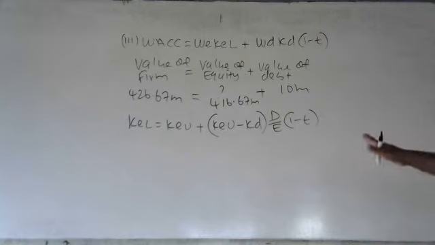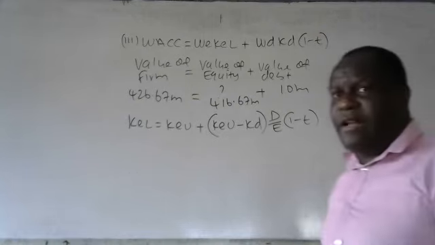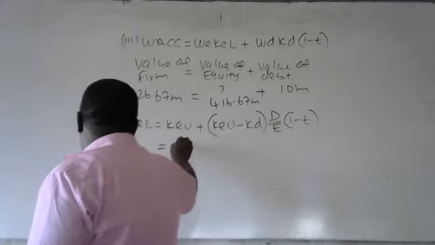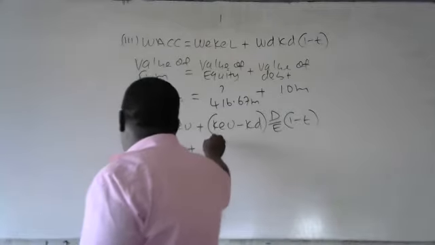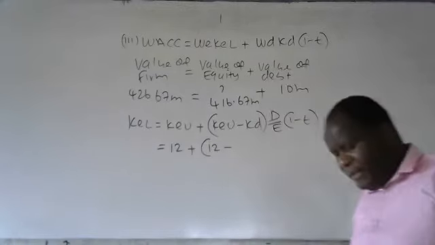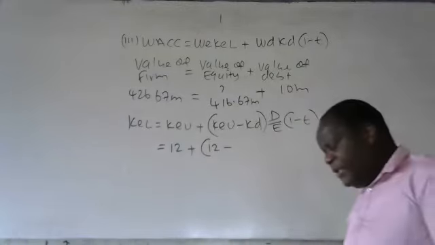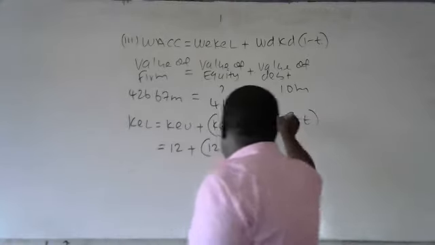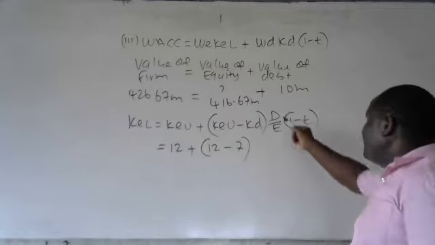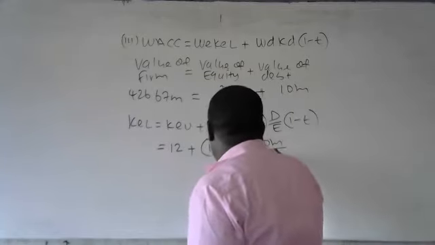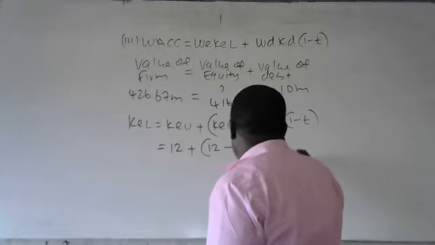This is what we created today, how to come up with the cost of equity for the levered farm. KEU, we already know, is 12%. KD is the interest rate, which is 7%. The weight for the debt is 10 million and for equity 416.67 million.